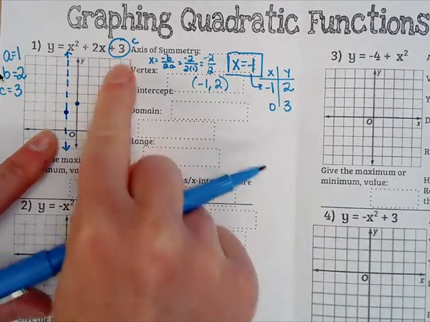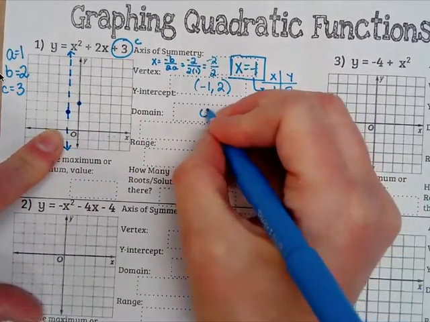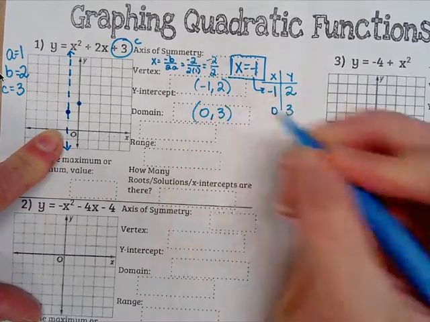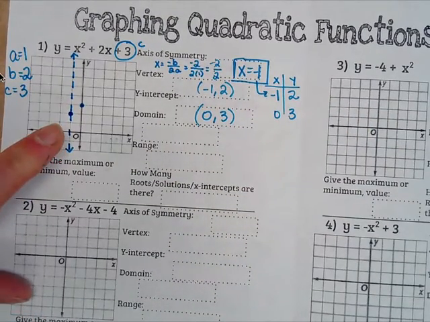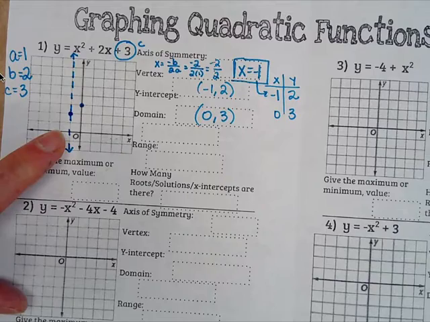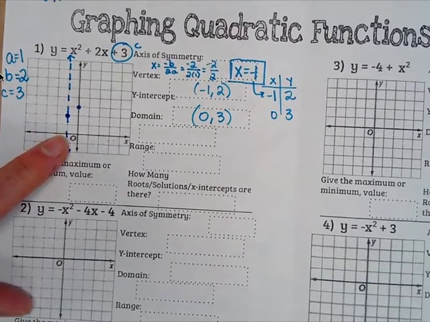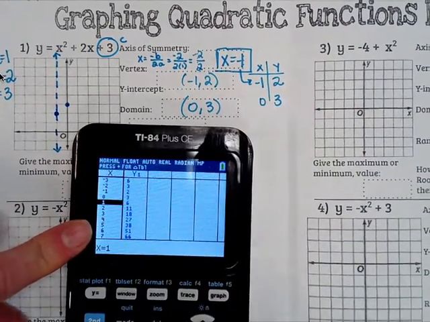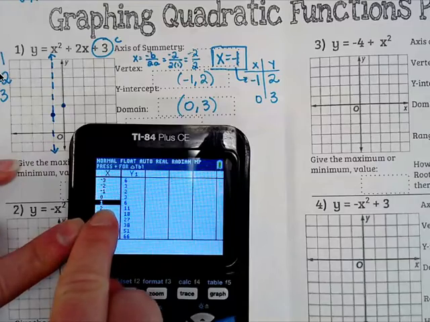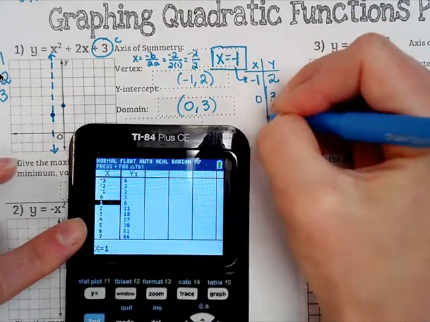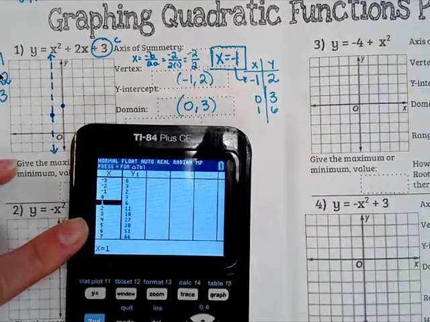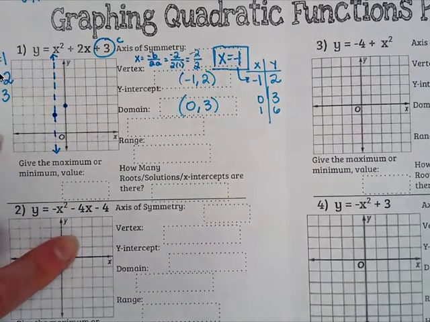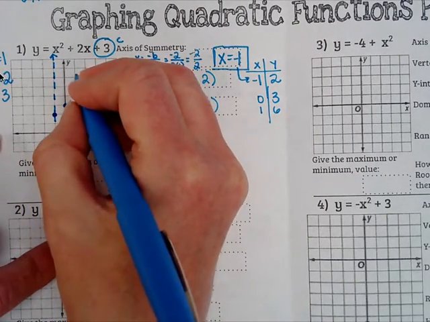That's the C value. So the Y-intercept is 0, 3. So we didn't actually have to do that. We could have known that. And then we need another point, one more over. So just look at the table. 1, 6. So go over 1 up to 6.